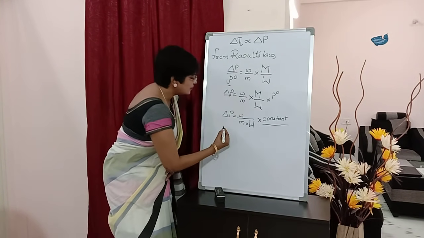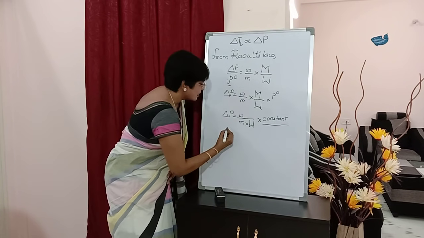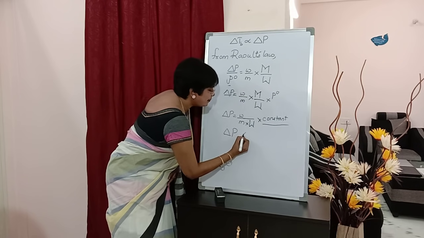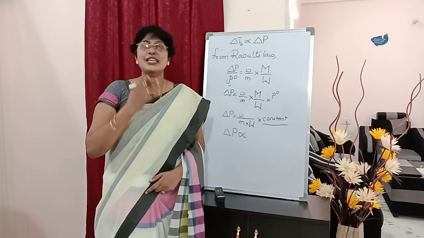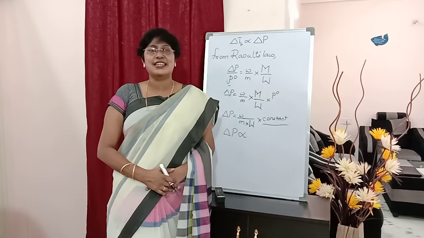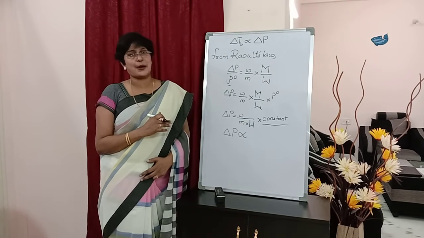I will show you. Suppose I am removing this constant, students. So the next step becomes delta P proportional to. When do we use a constant? When we remove the proportionality, then we use the constant. Similarly here, remove the constant, back to proportion.